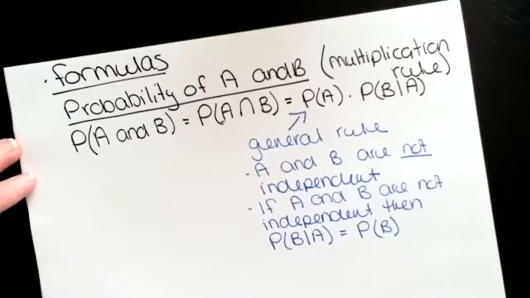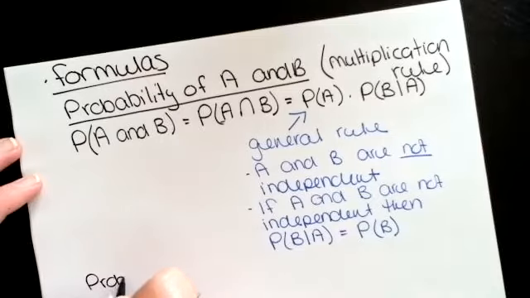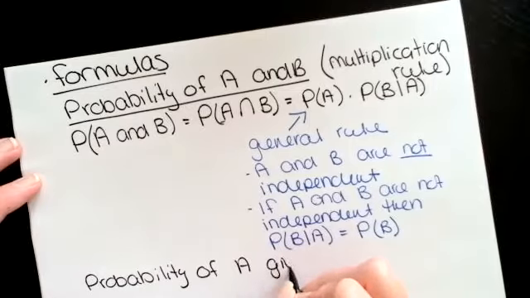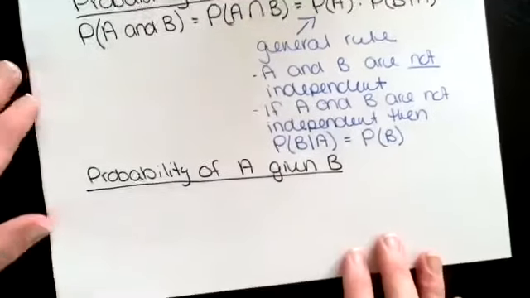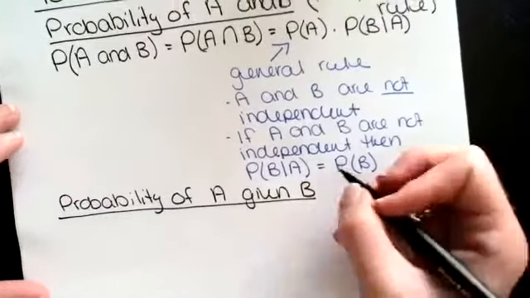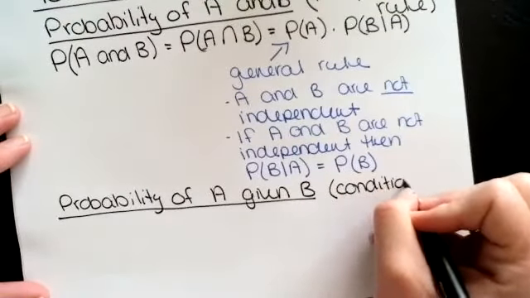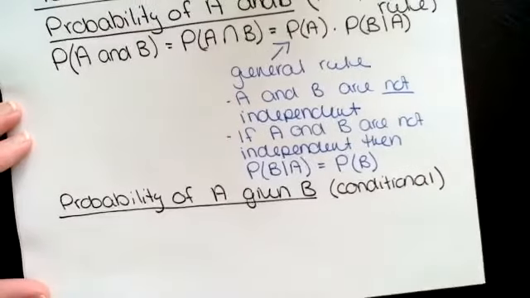So that's my multiplication rule, going from last class. Now let's talk about the conditional probability. So this is the probability of A given B. So probability of A given that B has occurred. So this is my conditional probability.